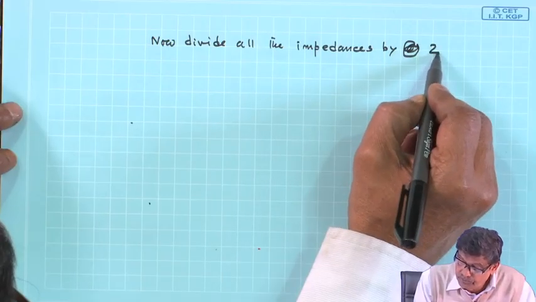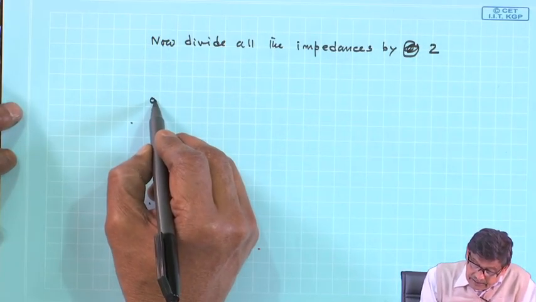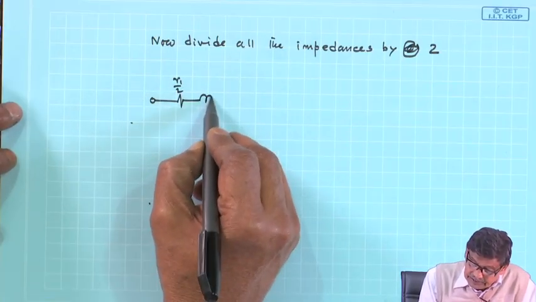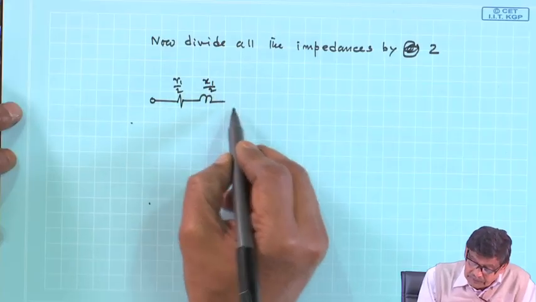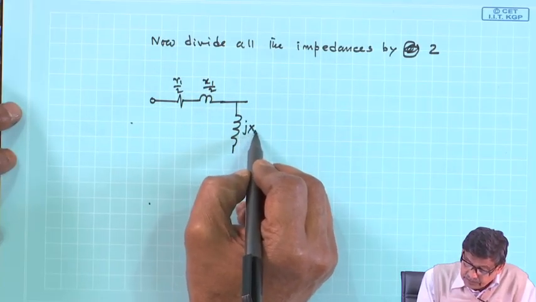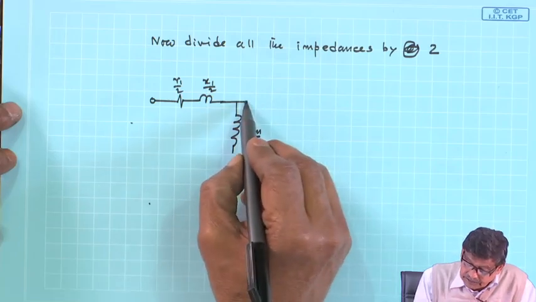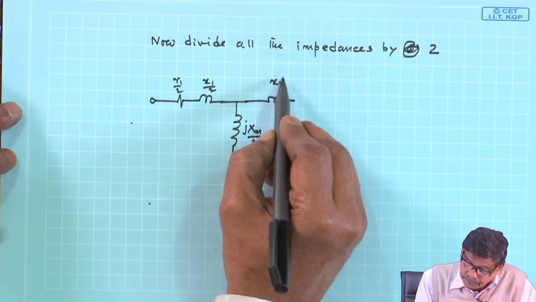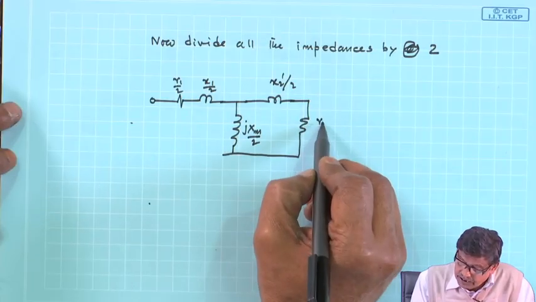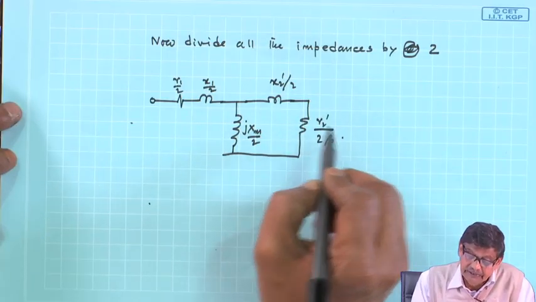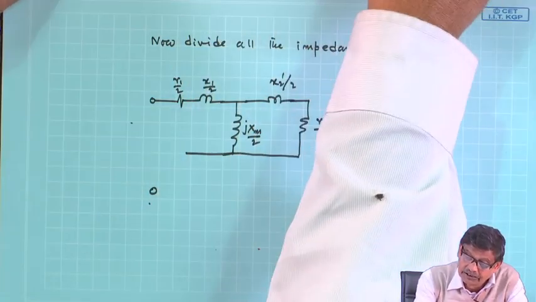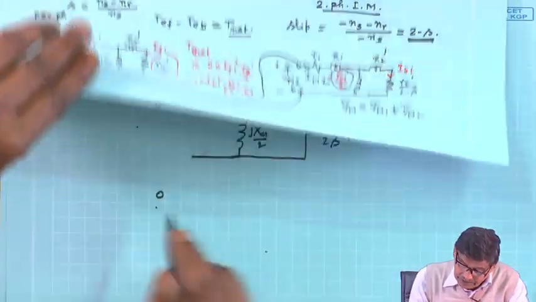by 2. Then you will see this is R1 by 2, this is X1 by 2, this is jXm by 2, this is X2 dashed by 2, and this is R2 dashed by 2s. This one I am drawing below, that Vm2.